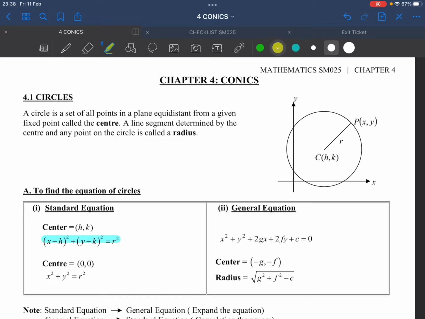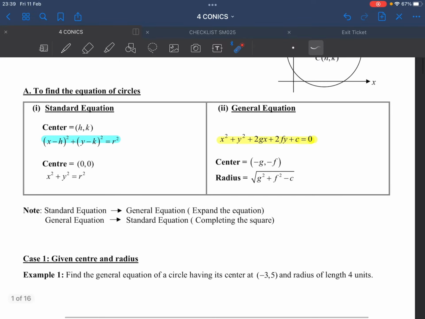This one here is your general equation for a circle with center (negative g, negative f). From here you can see that we have the formula for the radius, which is the square root of g squared plus f squared minus c. This is the radius: from the center to any point on the circumference is called the radius.